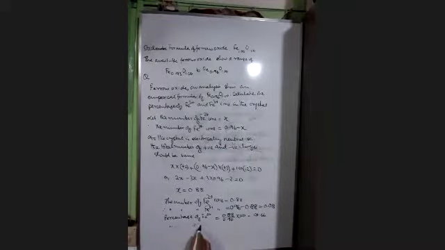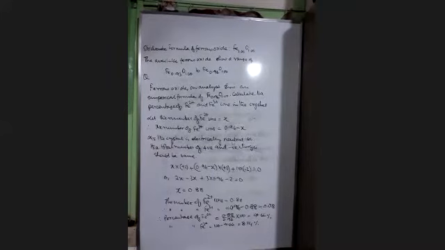And the percentage of Fe3+ ions is 100 minus 91.66, which is equal to 8.3. So this is not difficult.